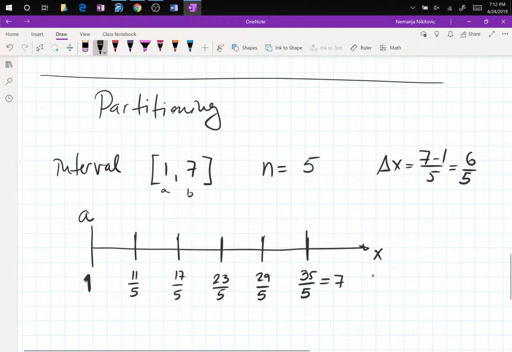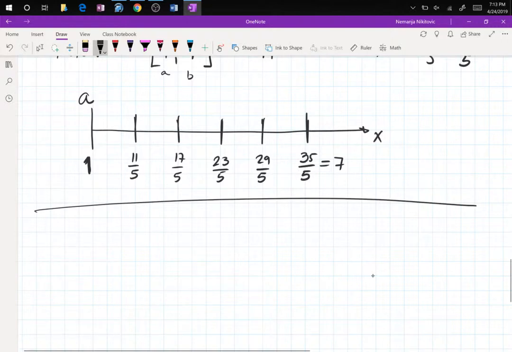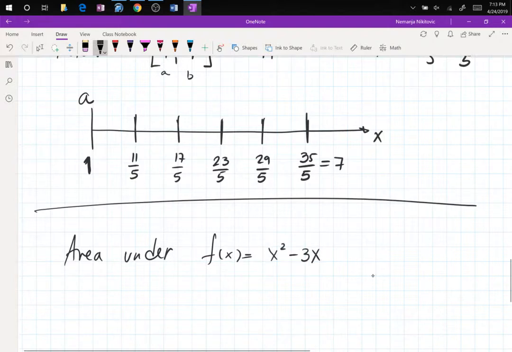So let's take a look. This is going to be an example for you guys. I'm going to make a new one. We are going to calculate the area under f of x equals x squared minus 3x.